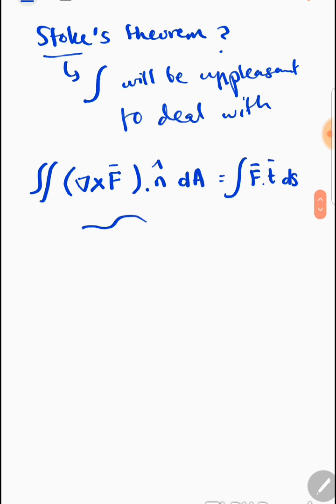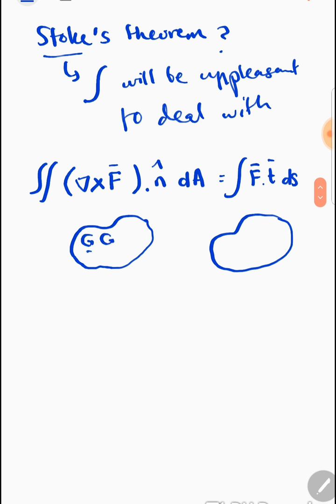If we are going to visualize this, we can have something of the same object here. Take it that these two objects are similar. What can be visualized from the left hand side is the surface integral of, and I'm drawing this circulation mode, because my curl here indicates this, with the dot product of my n cap, which is my unit normal vector, with respect to my surface integral of dA, therefore the double integral over here.